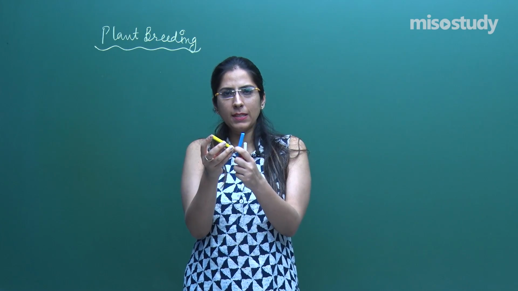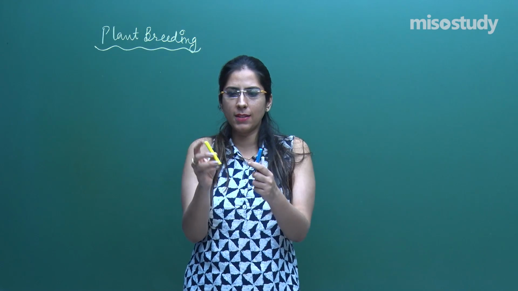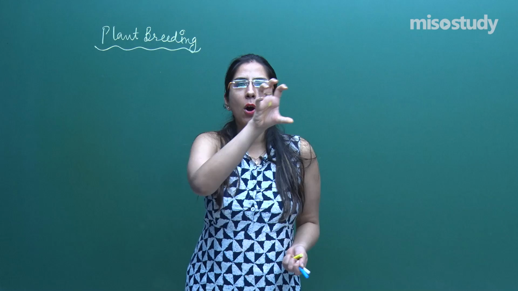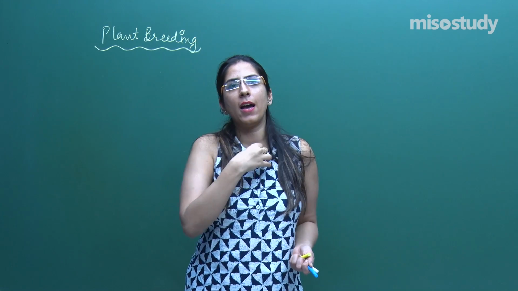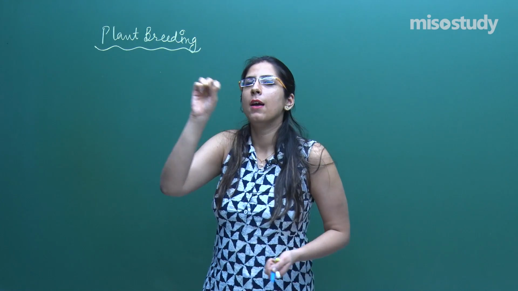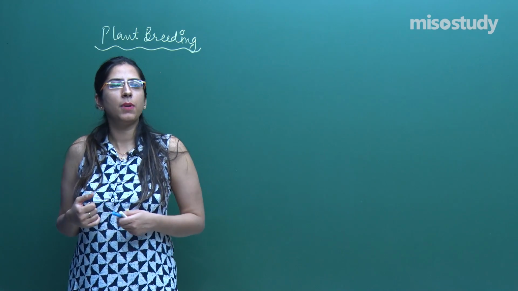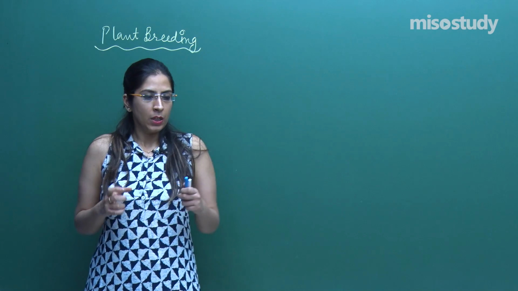By mating these two plants, I'll get a plant having the dominant or main characteristics which I am looking for from parent 1 and parent 2. So how can these strategies be applied in plant breeding?